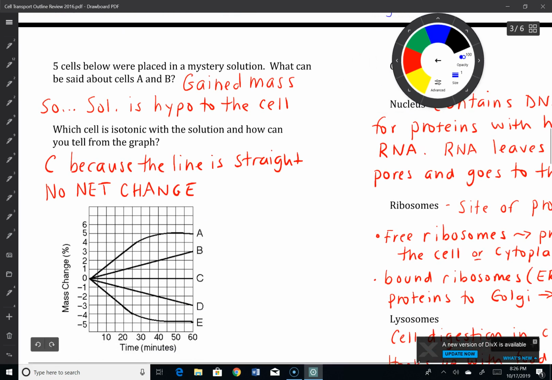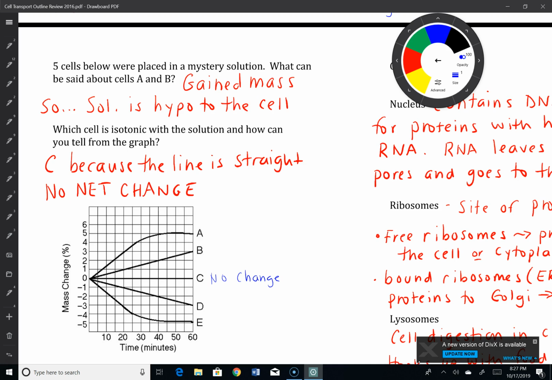Five cells, A, B, C, and D from the graph, were all placed in some solution, very similar to the potato experiment. The one that has no change in mass, you know that's the isotonic solution.